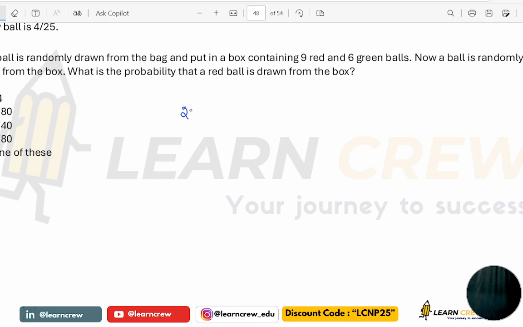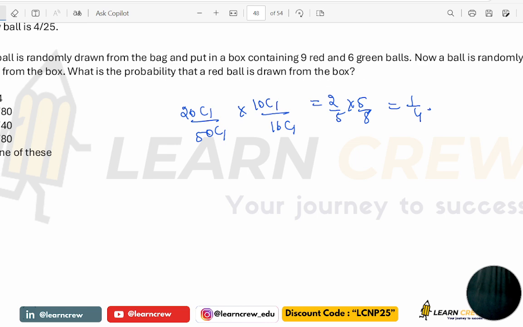Thereby the probability that a red ball is drawn is 20C1 by 50C1 into 10C1 by 16C1. That is 2 by 5 into 5 by 8, which is 1 by 4.